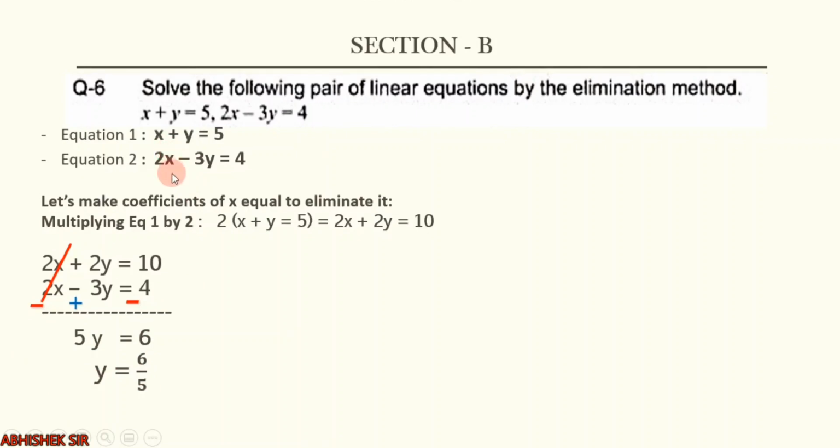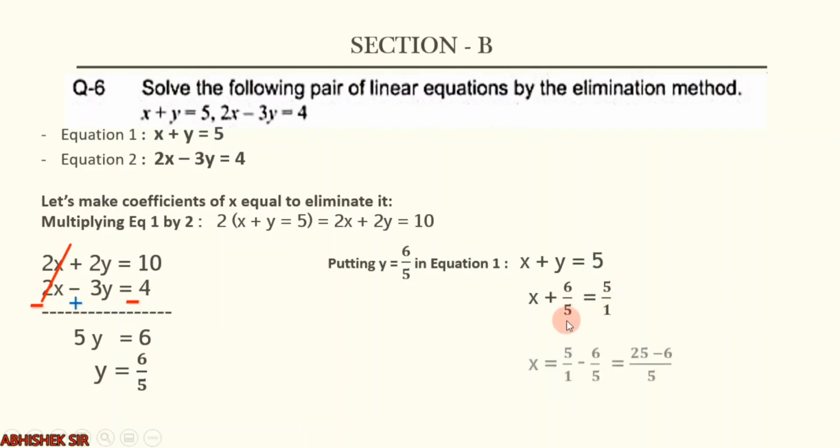Now this value of y must be kept in any one equation to get the value of x. So we are putting y equals 6 upon 5 in equation 1, x plus y equals 5. So if you put y equals 6 upon 5, it will look like this. X plus 6 by 5 equals 5 by 1. Take this 6 upon 5 on this side, so it will be negative.